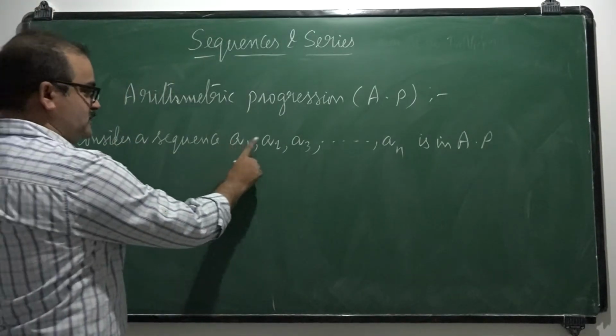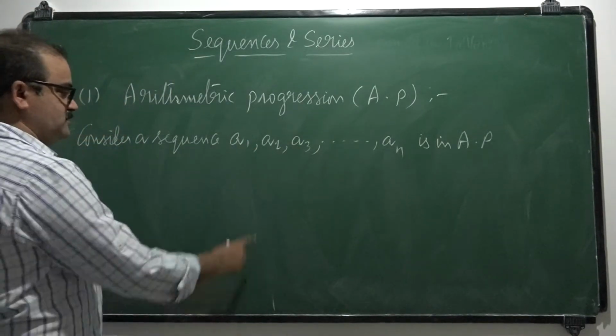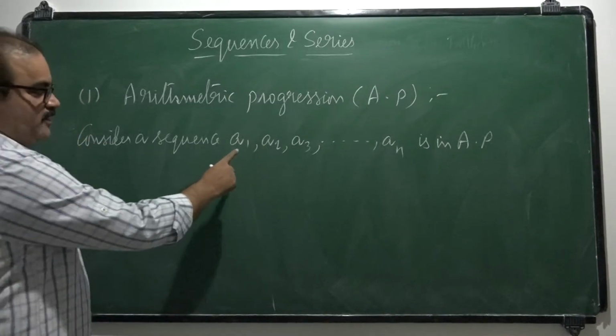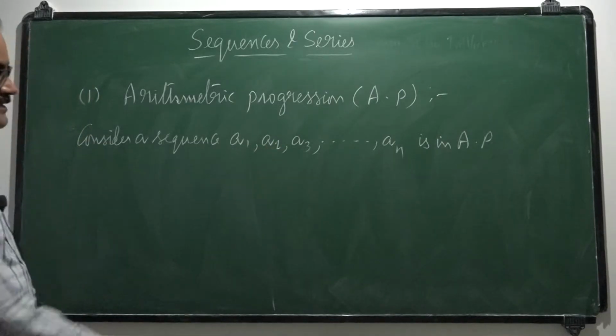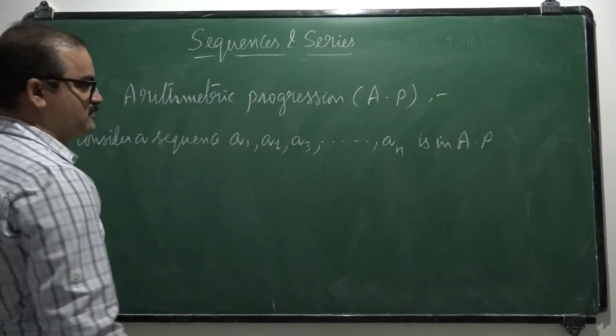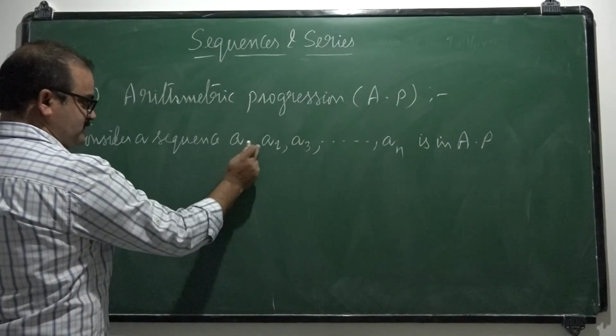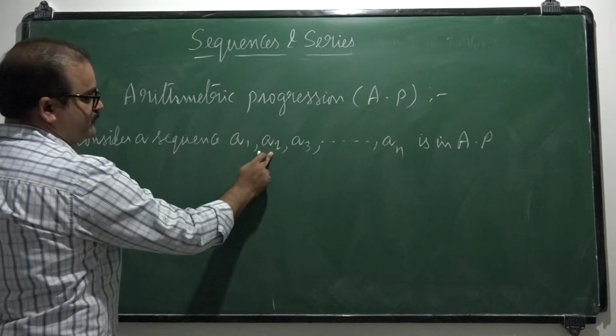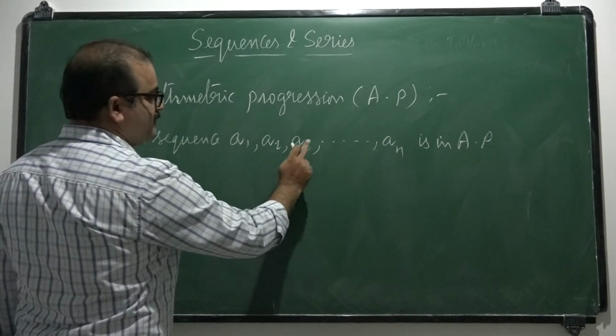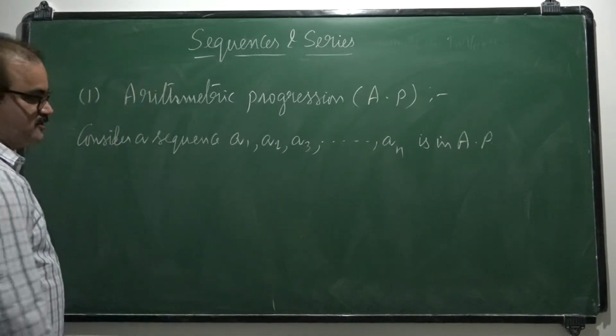If the sequence is in arithmetic progression, then common difference of the successive terms is always constant. That means the difference between A1 and A2, A2 and A3, A3 and A4 is constant.